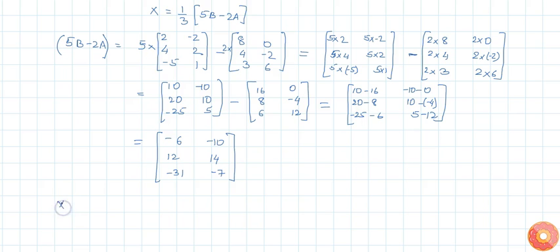So we have to find X, which is equal to 1/3 of 5B minus 2A. This will be 1/3 of this matrix, which is minus 6, minus 10, 12, 14, minus 31, minus 7.